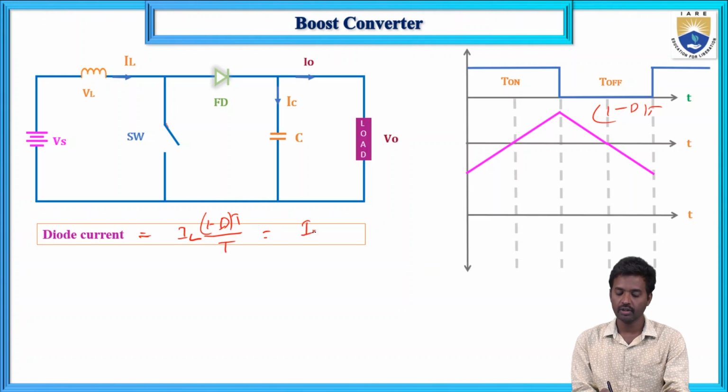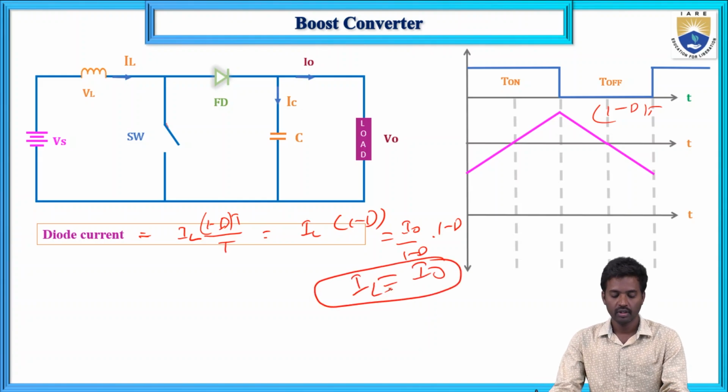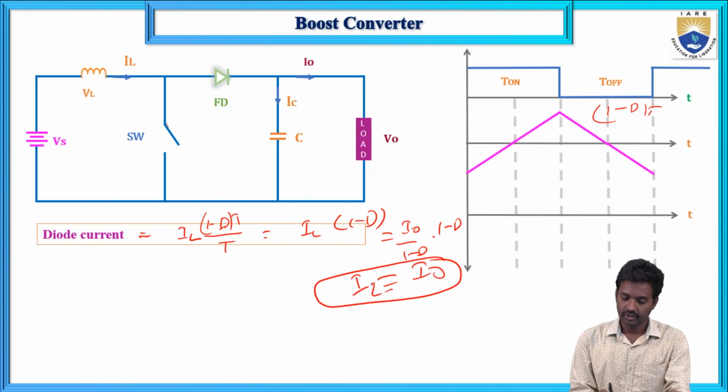Now IL into 1 minus D, that equals I naught by 1 minus D into 1 minus D, that equals I naught only. This is ID current, so this is for average only.